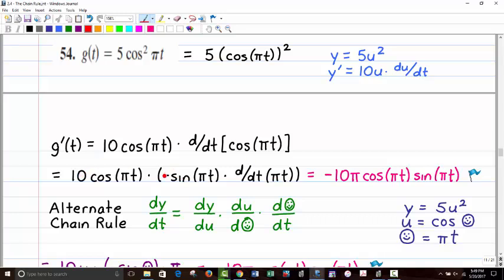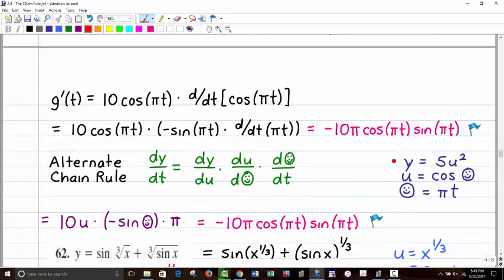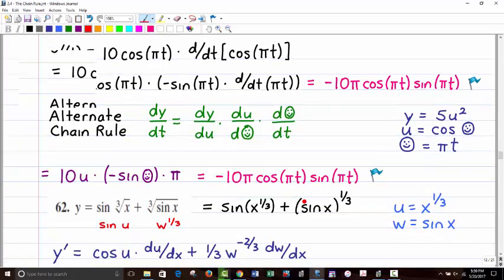The negative, the pi, and the 10 make negative 10 pi cos of pi t sine of pi t. And for the alternative way, I decided to use a happy face as a variable to brighten up our day a bit. Same idea, and you'll end up with the same answer.